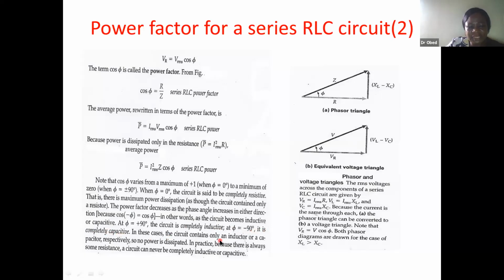So in these cases, the circuit contains only an inductor or a capacitor, respectively, so no power is dissipated. In practice, because there is always some resistance, a circuit can never be completely inductive or capacitive.